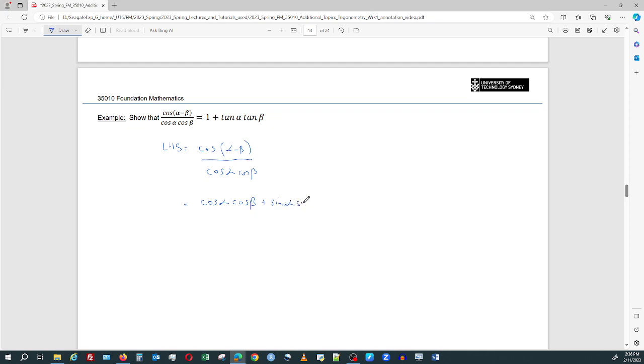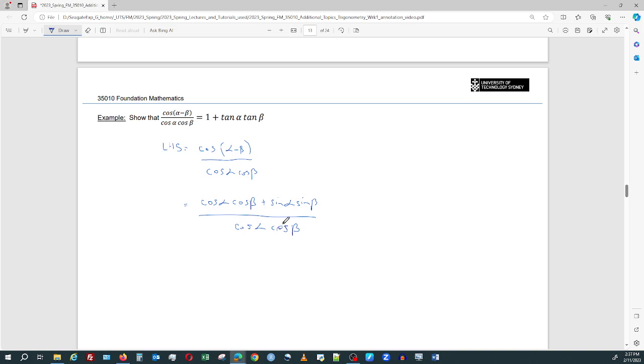plus sin alpha sin beta, over cos alpha cos beta. So I wouldn't be expecting students to remember these. Just use your sheet. Now, what does that look like? Well, it's always the not so obvious things that make a difference.